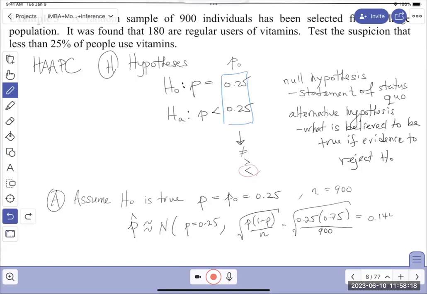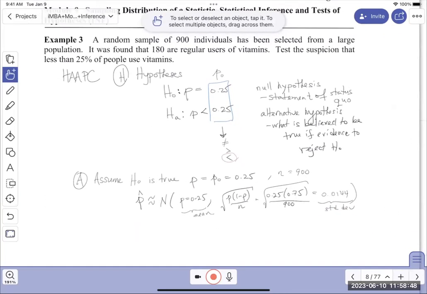No, I did it wrong. 0.0144. Right. Okay, so I have the mean, and I have the standard deviation. I don't have to call it a standard error because I have assumed this to be true. So it's called the standard deviation of P hat. And now what do I do? Well, now I look at my evidence.